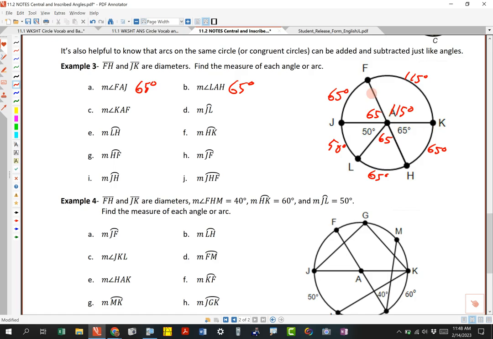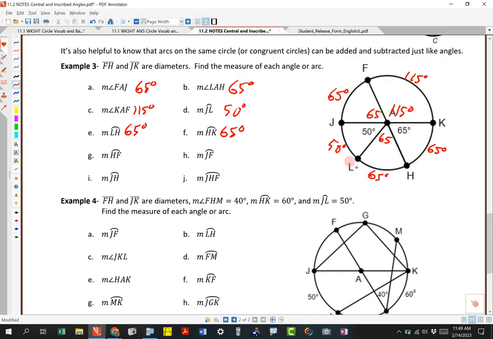Hey, crew, what is it? 115. Arc JL, 50. Arc LH, 65. Arc HK, what do you got, Jack? 65. HF, 180.